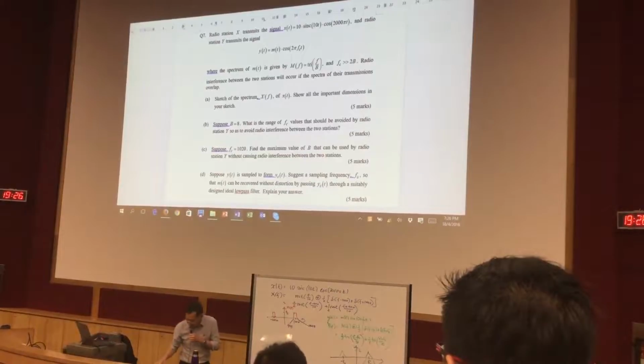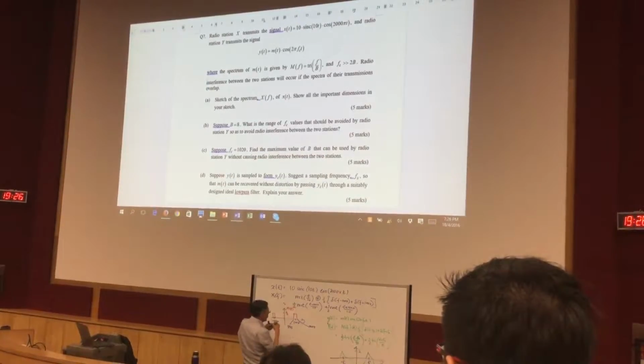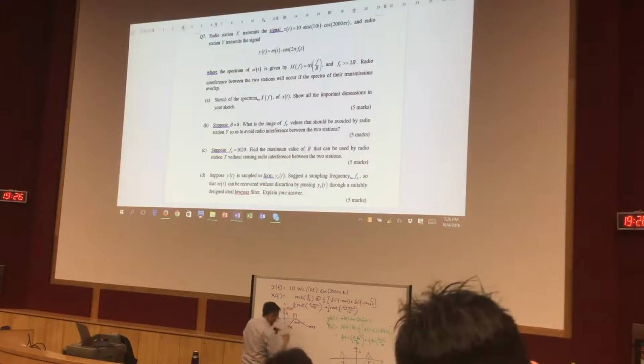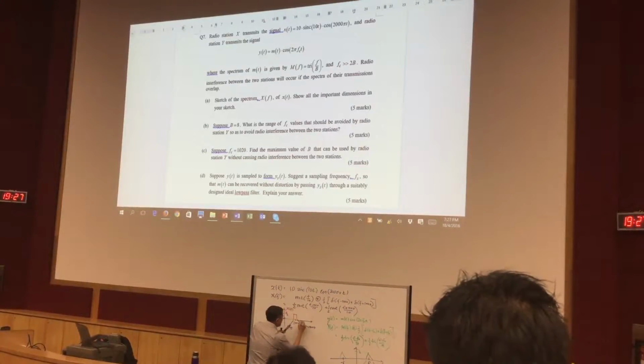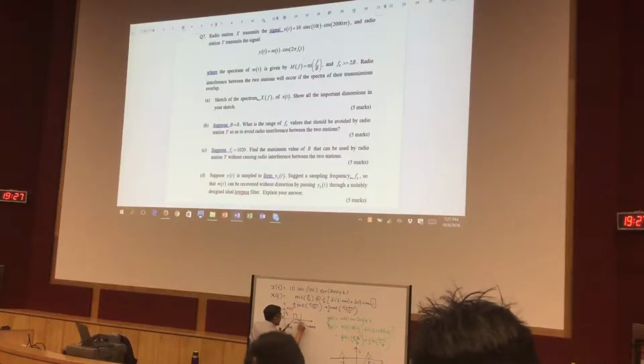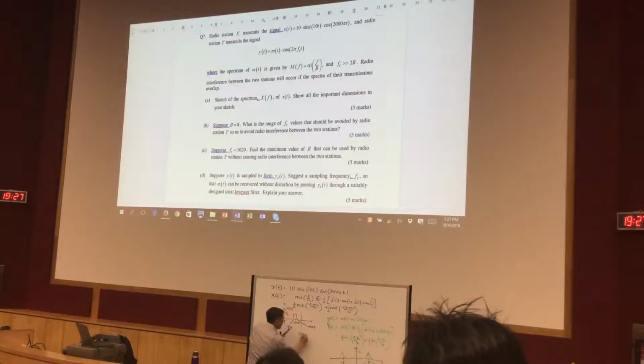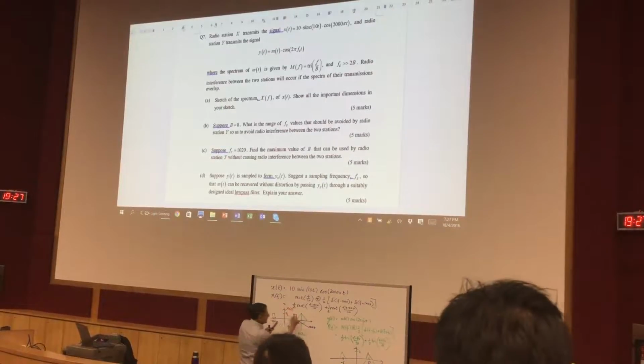So it says now FC is 1020, right? So if it is 1020, let's say it's here. This is 1020. This is the maximum B that I can do, right?